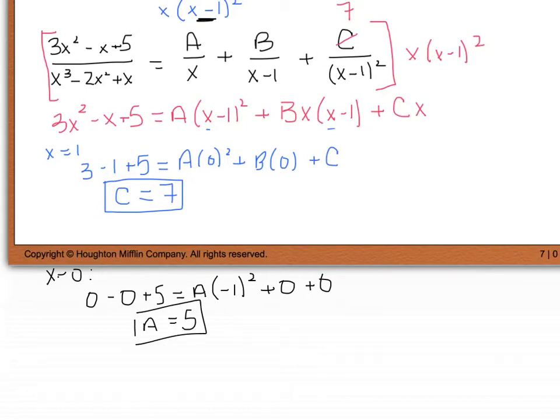So again, I can come up here and say that A is equal to 5.